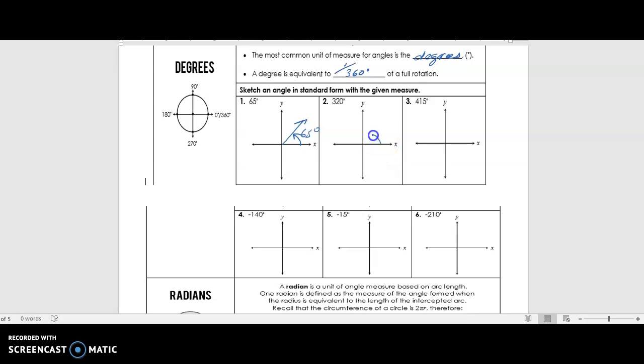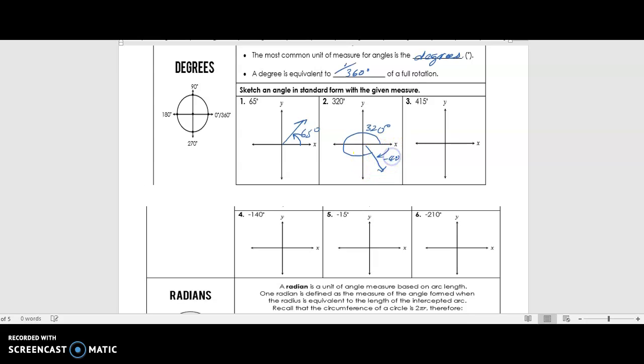So it's going all the way around and stopping here. So this whole angle in the positive direction is 320 degrees, right?